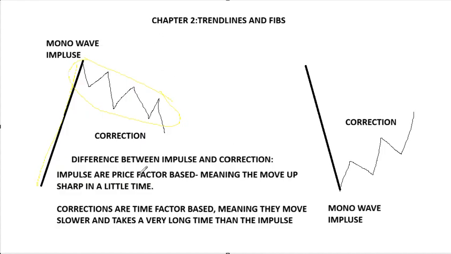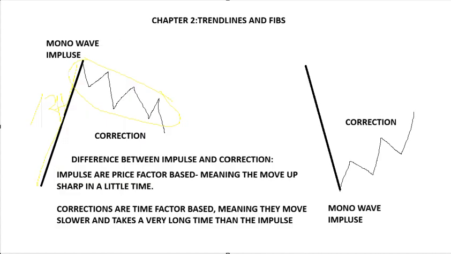What I mean is that the move up is supposed to be sharp and it's supposed to take a little time. Alright? If this move up, let's say, was maybe 12 hours, alright? The correction basically is supposed to take a longer time than this impulse.